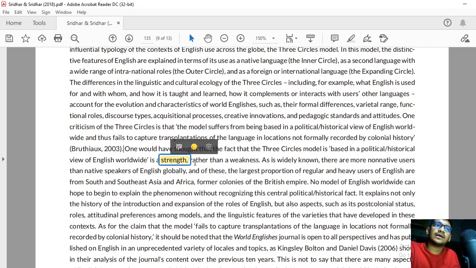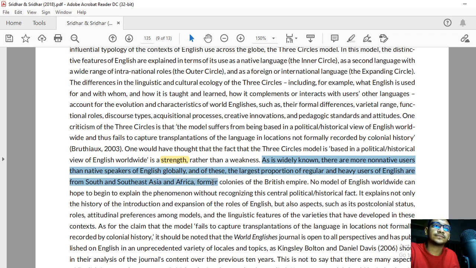But the writers considered it a strength because, even though it is not enough to completely explain the spread of English, it is an important part, right? We cannot deny this. As is widely known, there are more non-native users than native users of English globally, and of these the largest proportion of regular and heavy users of English are from South and Southeast Asia and Africa, former colonies of the British Empire.